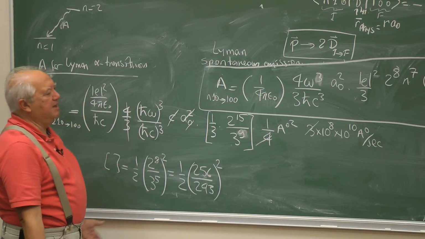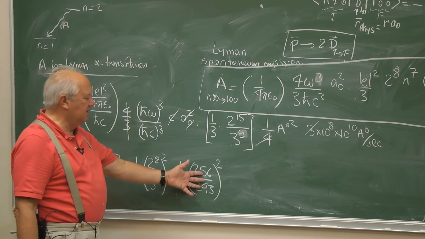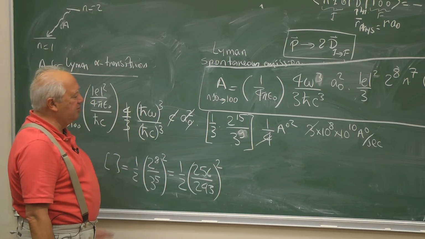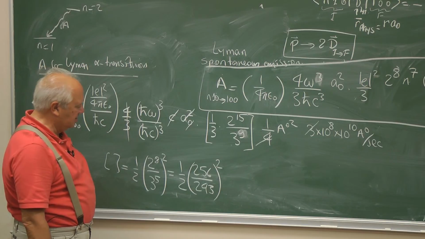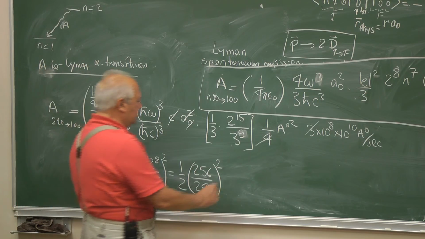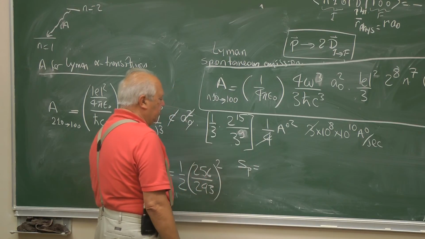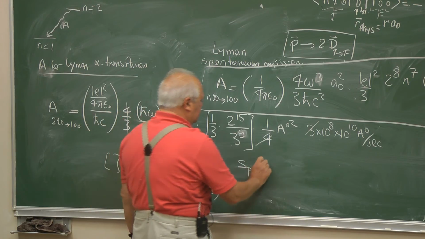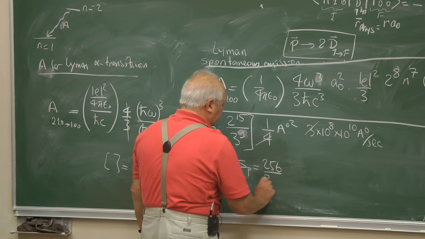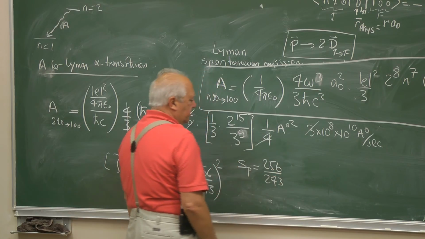One cannot help but notice that this is the semitone of the Pythagorean musical scale. So, as Pythagorean, that's the semitone of the Pythagorean musical scale. This is 256 over 243.